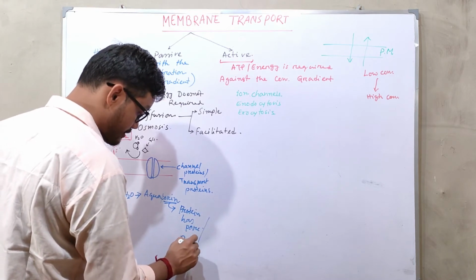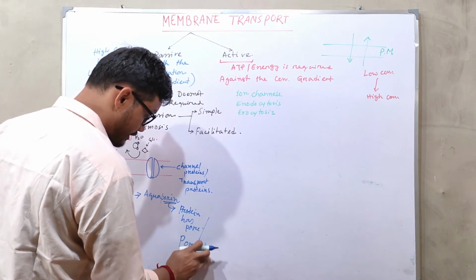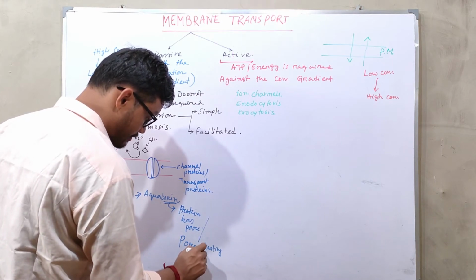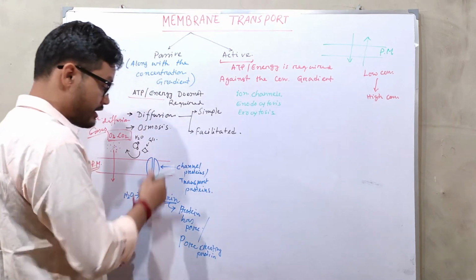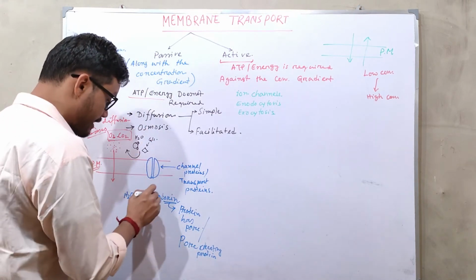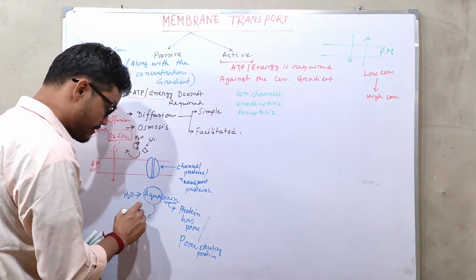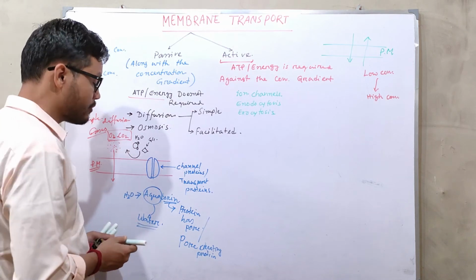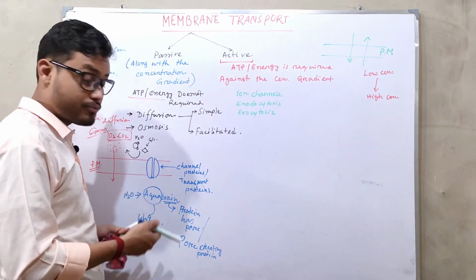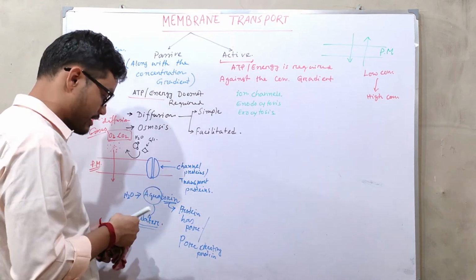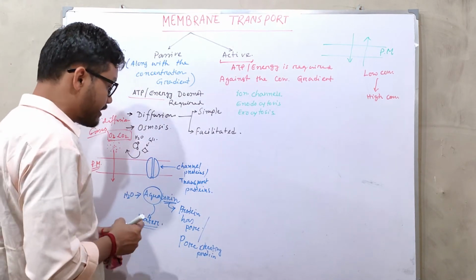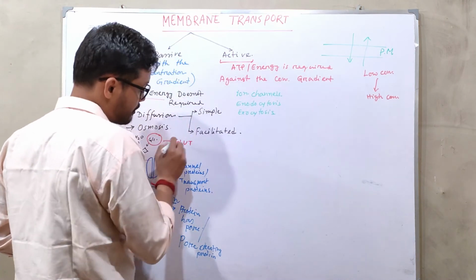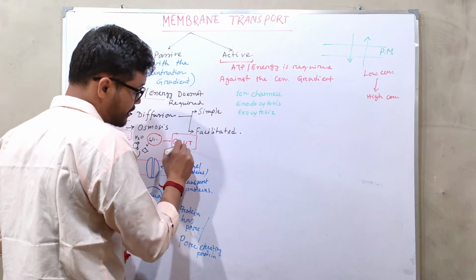It creates a pore in the plasma membrane, and aqua comes from water. Aquaporin helps the water molecule transport from one side of the plasma membrane to another. Another example is for glucose, the glucose transporter protein.